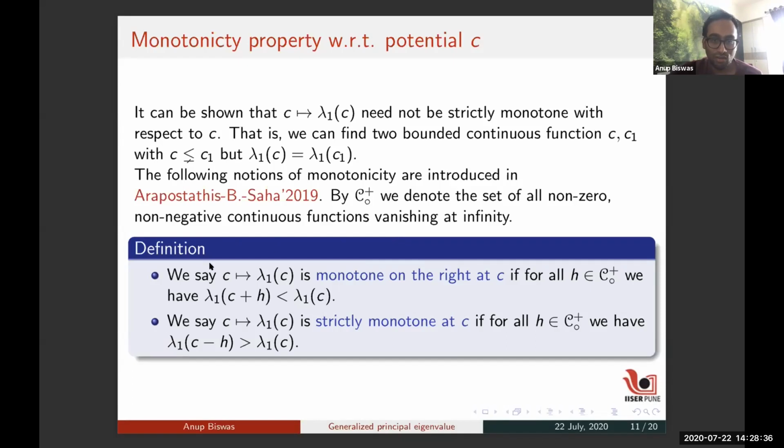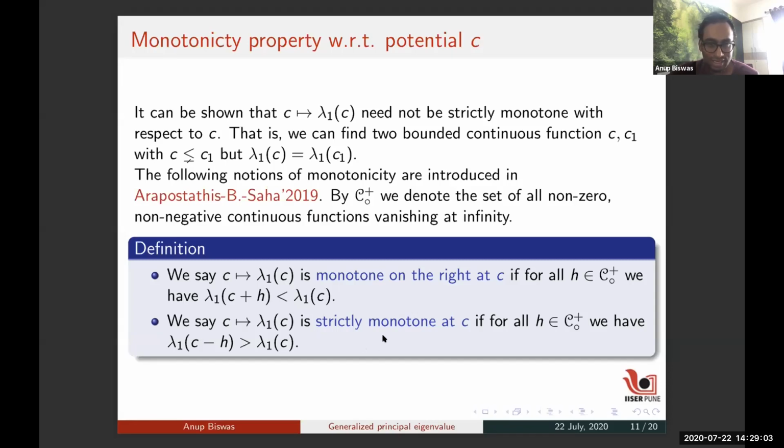Now we call it monotone on the right at C. That means you add an H from this class, and then the principal eigenvalue strictly decreases, because I'm adding H, so I'm sort of moving to the right. So we call it monotone on the right at C. Now, if I subtract H and it increases, we call it strictly monotone at C.